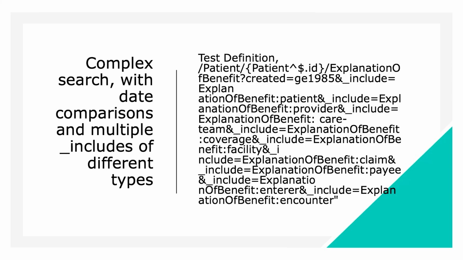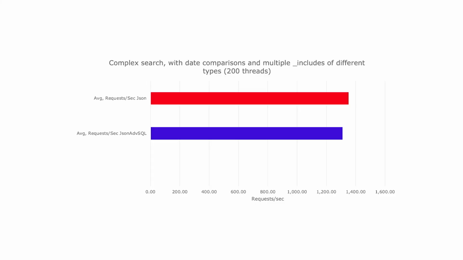Now, what about really complex searches where you're going to have date comparisons, multiple different kinds of includes of different types? So you could really load this up and get a lot of joins here. This is going to be an expensive type of query.